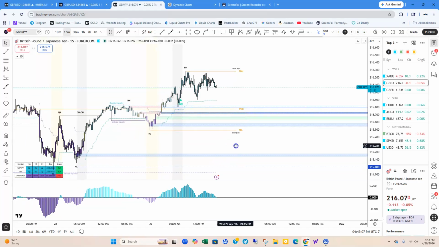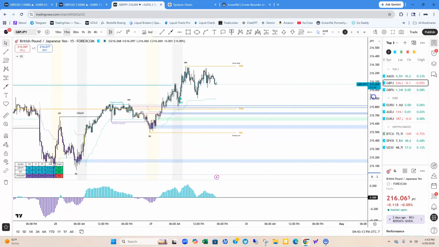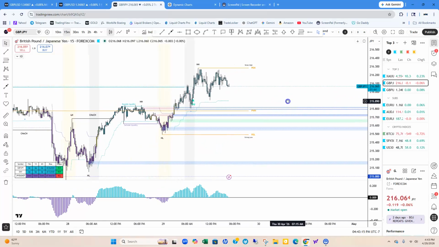And I'm going to just go over a few examples and see if I can find the setups that would work with the strategy. So yellow is going to be my London time frame window where I'm looking for entries, and the gray is New York. So we're going to focus on the gray.